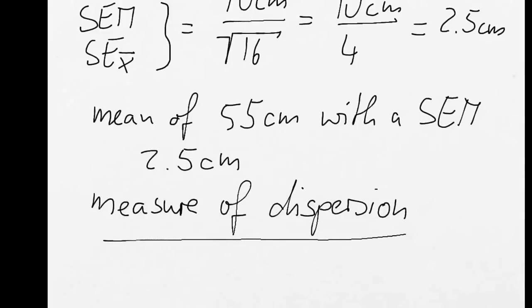But we can do something with the standard error of the mean. I talked a little bit about what is called the confidence interval. This confidence interval basically indicates in what range the true population mean lies.